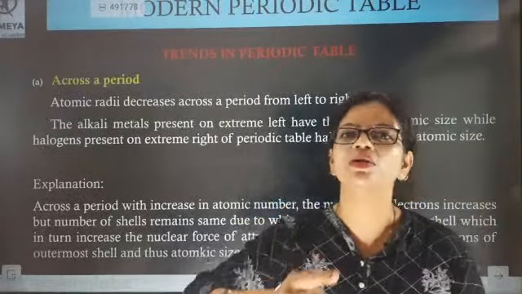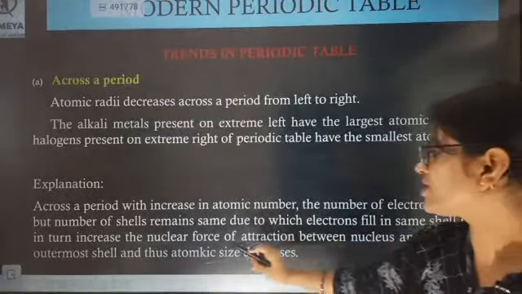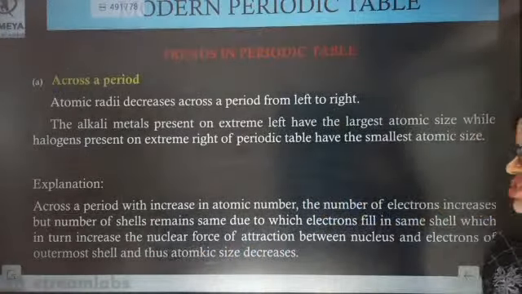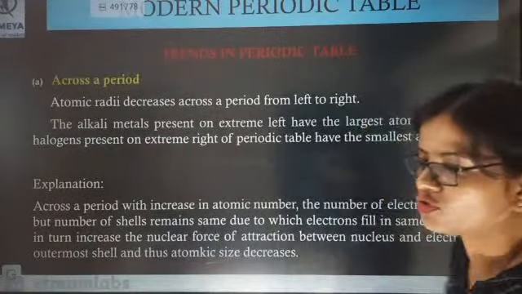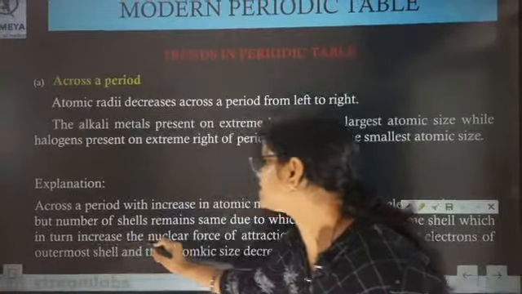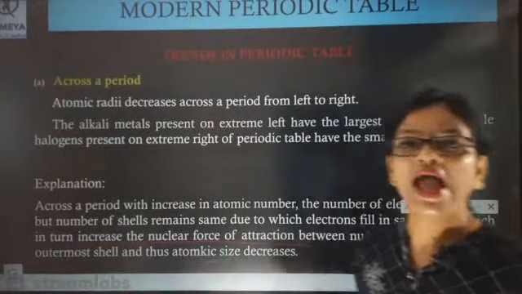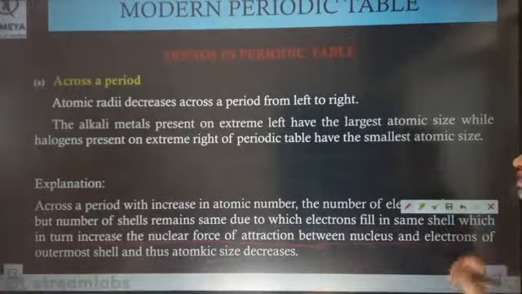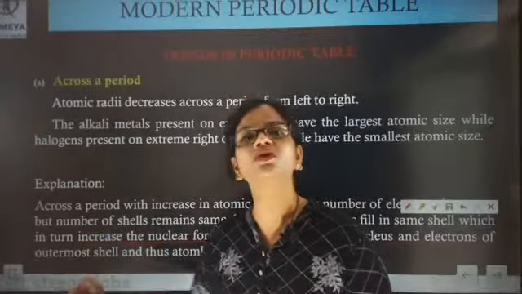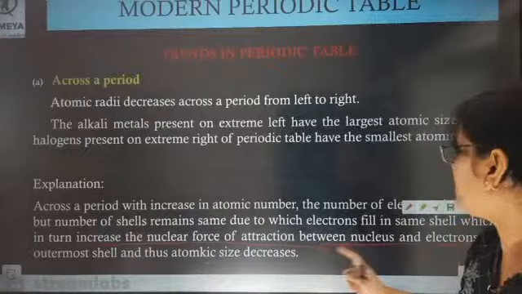One particular phrase you are going to underline after writing: increase in nuclear force of attraction between the electrons and the nucleus. This should be your highlight point. If they ask you, you must write this point.